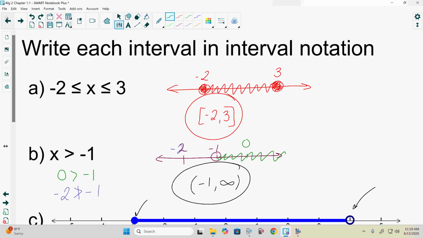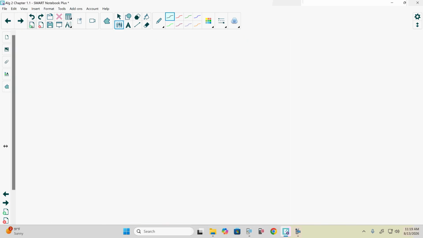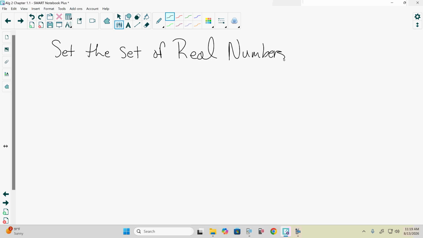So, before we get there, you don't need to write any of this down, but we wanted to write the set of real numbers greater than 1.